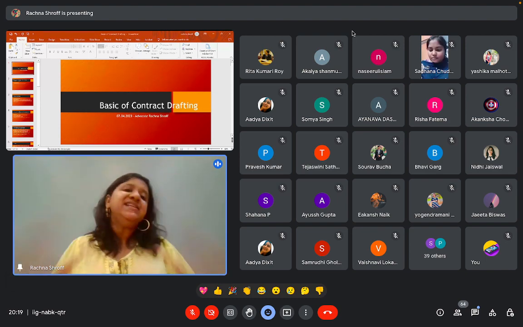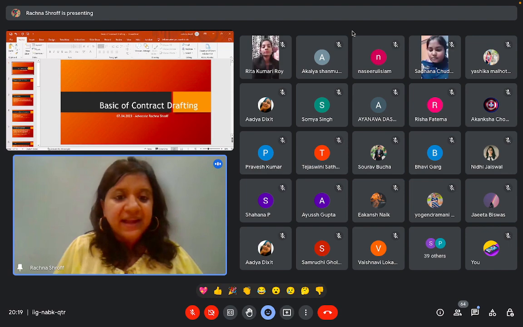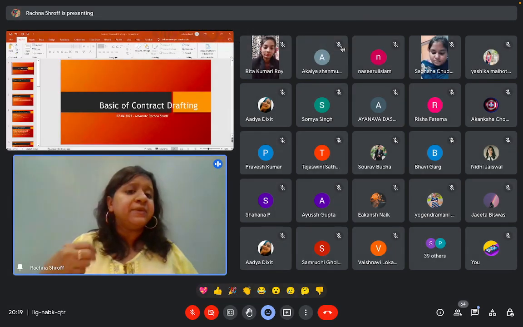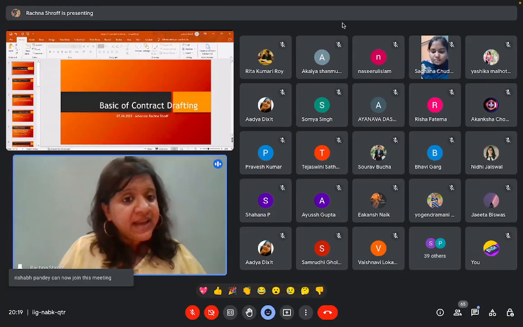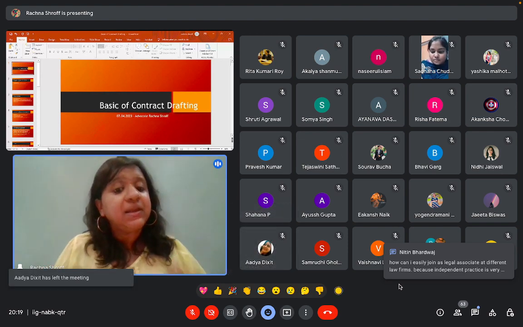The first part is the introductory part, which will need a few technical details which will come from both the parties, such as the name of the party. These days we also put in the phone number, the email ID, the PAN number, if it's a company, GST number, CIN number. Why all of these so many relevant details? Just to identify the parties in a better way.